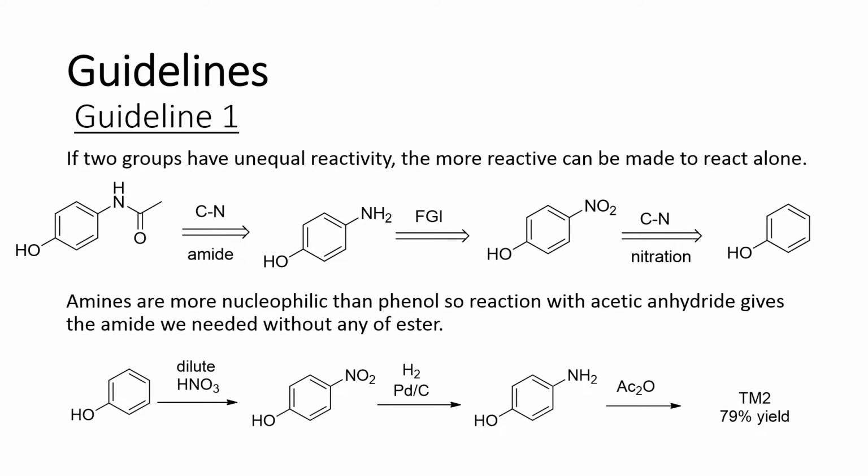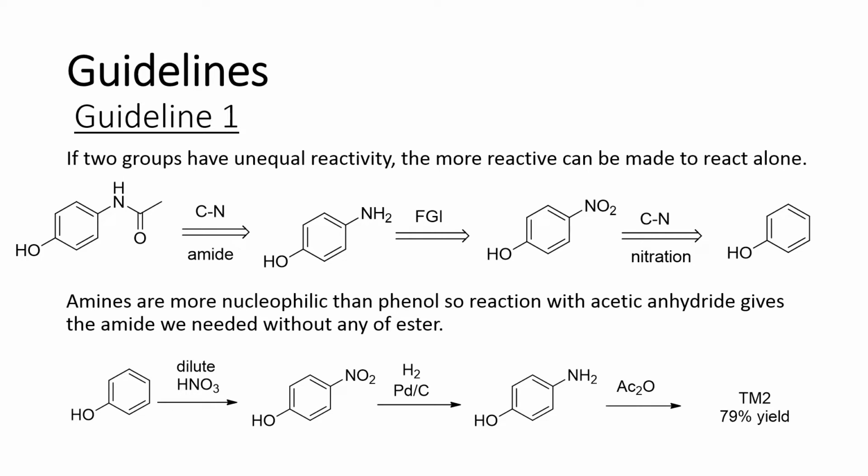First of all, here is the example of paracetamol, in which the benzene ring contains the OH group along with the amide group at its para position.